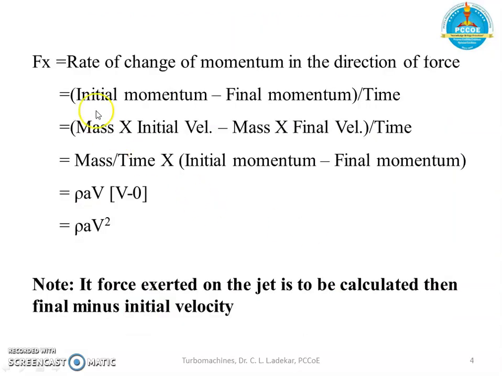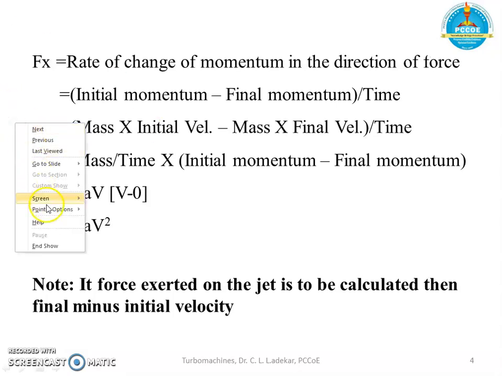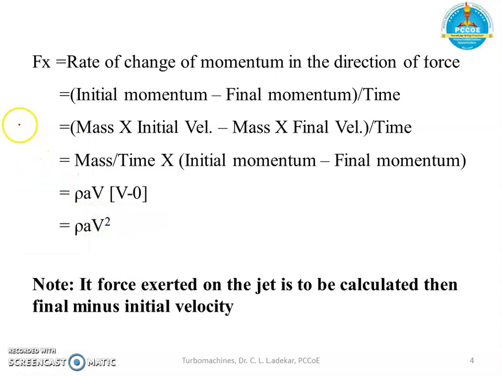As per the impulse momentum principle, the rate of change of momentum in the direction of the force can be calculated as the initial momentum minus the final momentum. The momentum change takes place when the force is exerted for a certain time, so Fx into t equals the change in momentum.